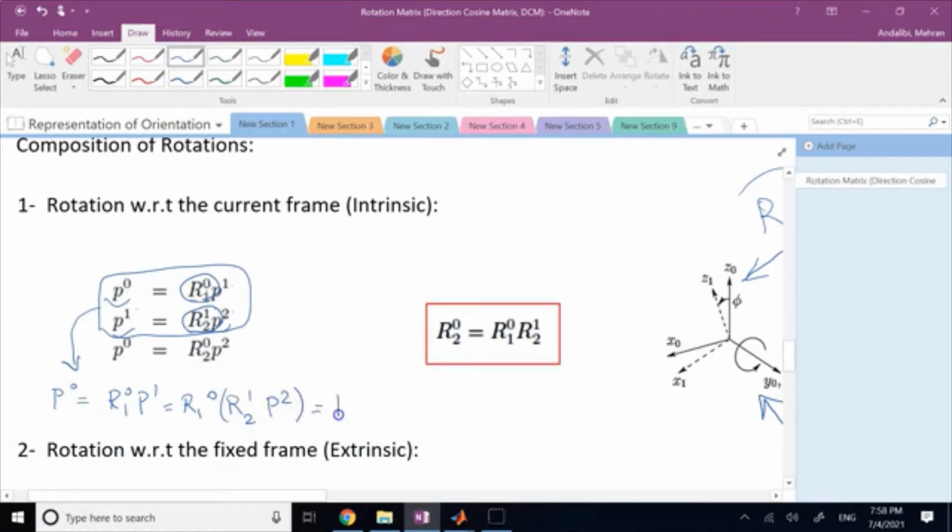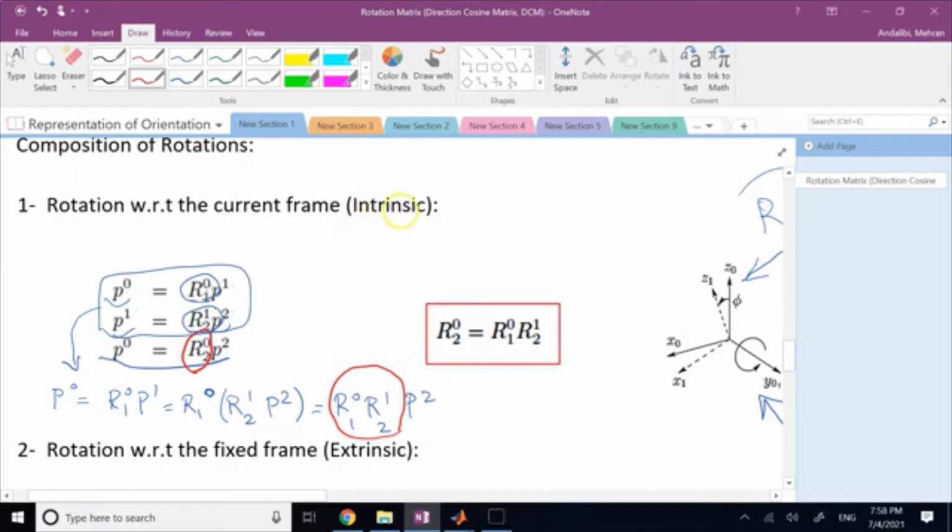So you can write it as R10 R21 times P2, correct? So that's what you get. And now compare that against this last one. It means that clearly your R20 should be the same as R10 times R21, and that's what you see in this box. Okay, that's the important thing.